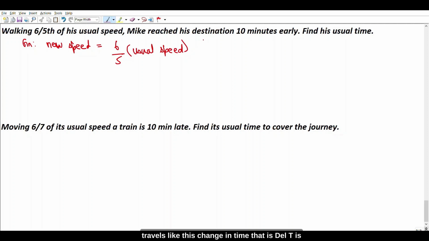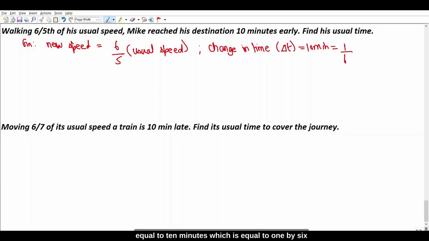When he travels like this, change in time, that is del t, is equal to 10 minutes, which is equal to 1 by 6 if you convert it into a hour. So from the question we need to find what is the usual time.